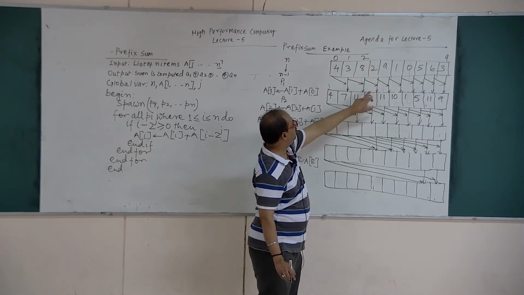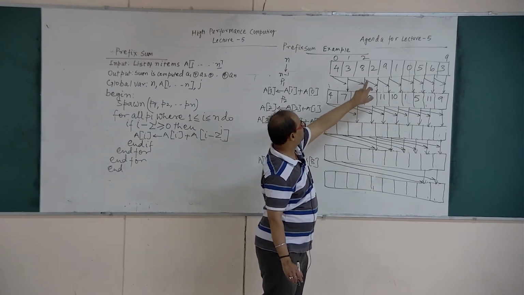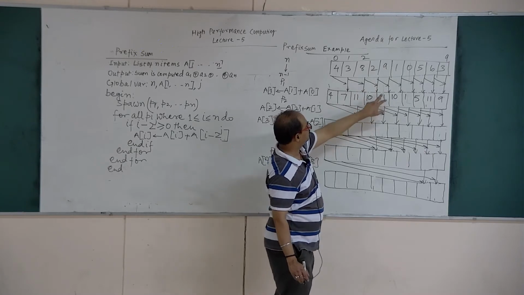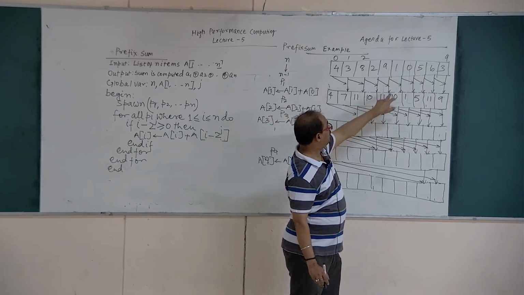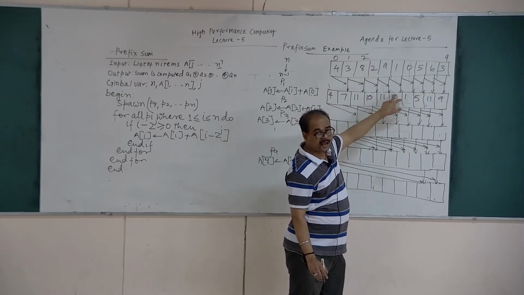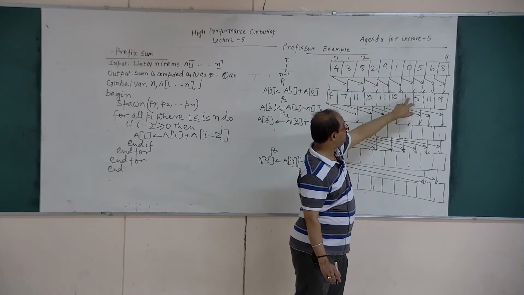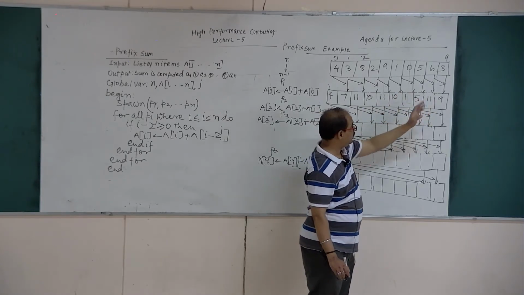P3 will add the element at A3 plus A2, so 2 plus 8, that is 10. And P4 will add the element at A4 plus A3, that is 2 plus 9, that is 11. And P5 will add the element at A5 plus A4, and P6 will add the element at A6 plus A5, and so on and so forth.